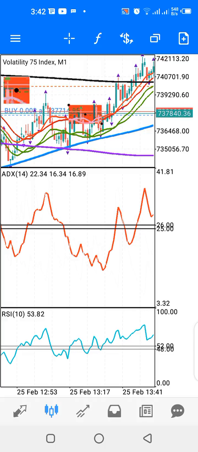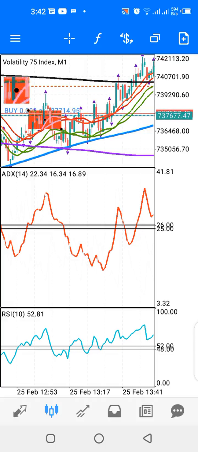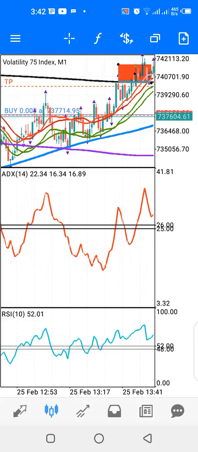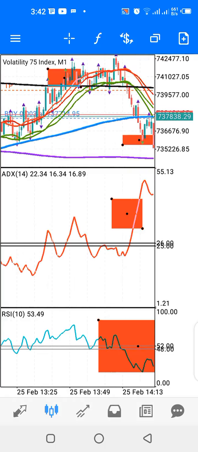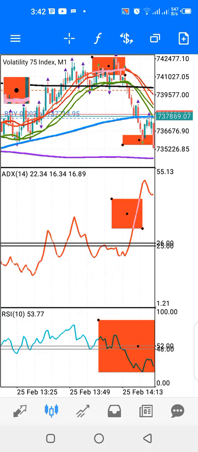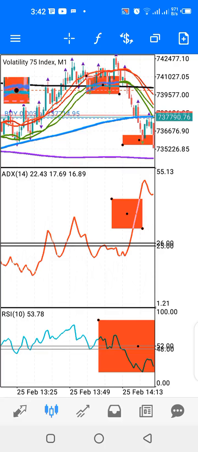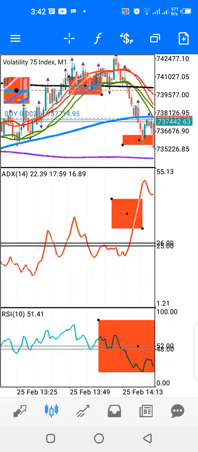It found support, and once you begin to see price closing above the 20 and 15, you know you have a bullish scope. You can see what happened until it dropped and started to close below, then you know you have a bearish scope.